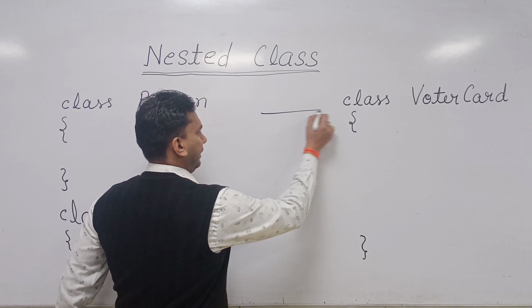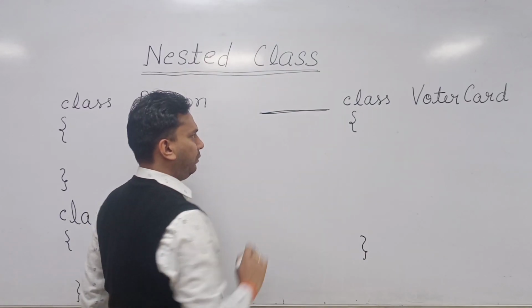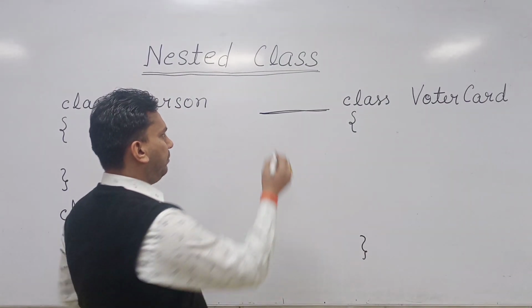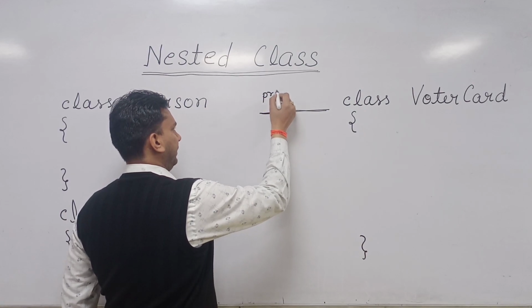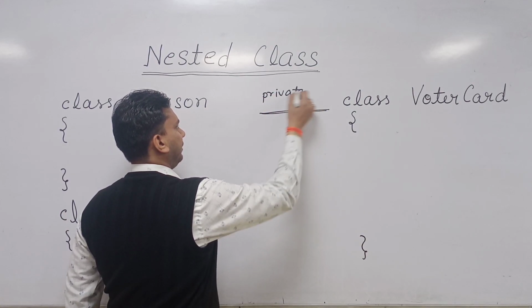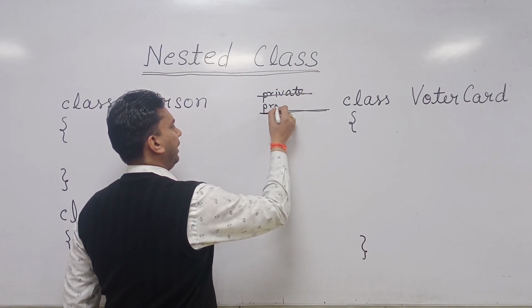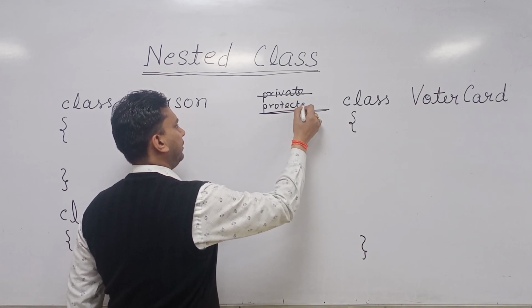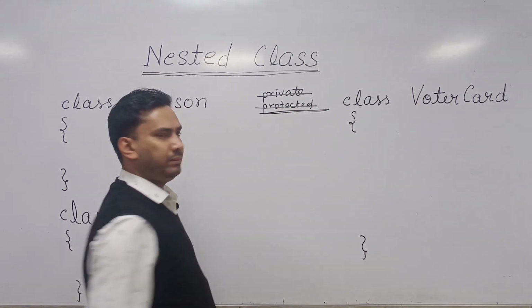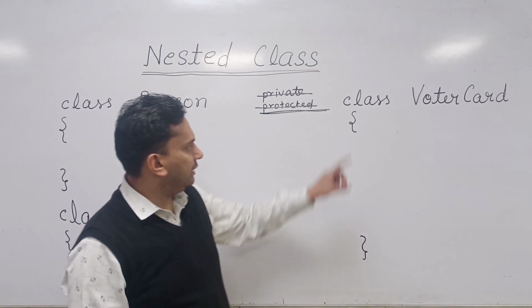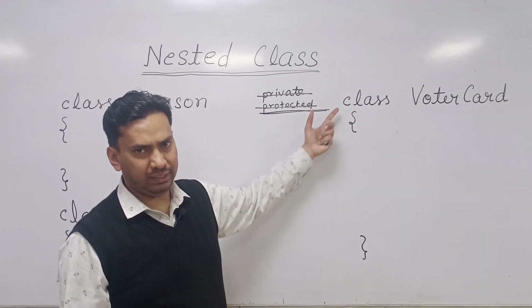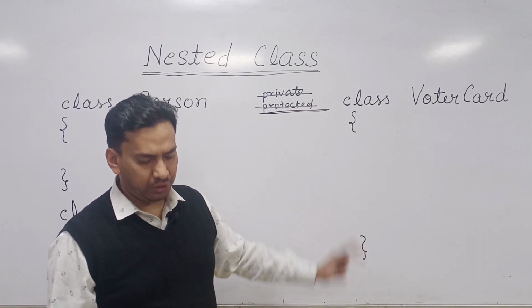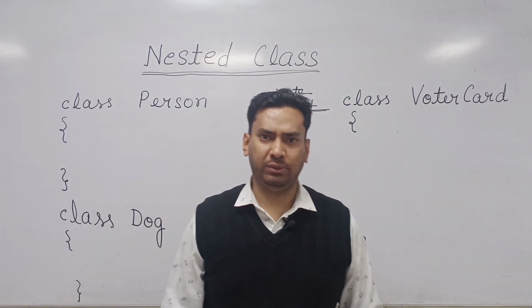A normal class, or you can say an outer class, cannot have private or protected access modifiers. A normal class or interface can be either default or public. You cannot use the private and protected access modifiers.